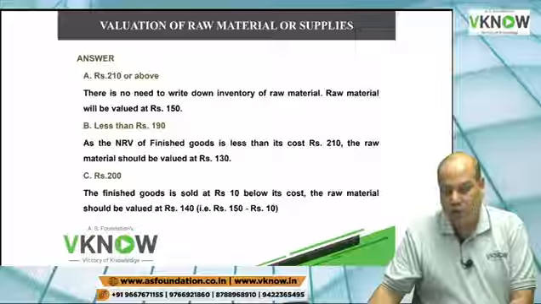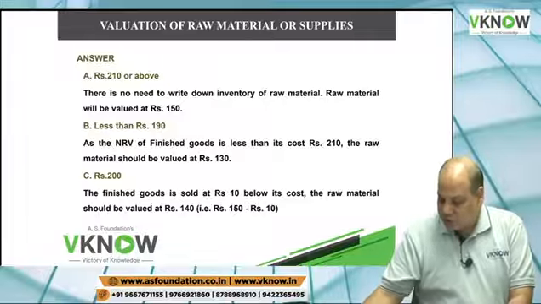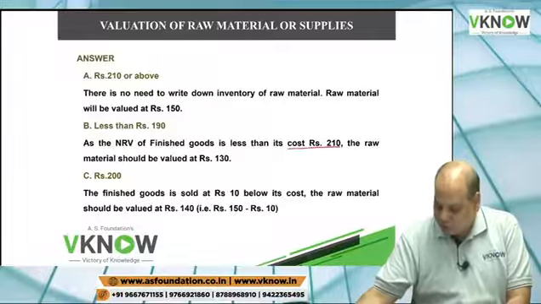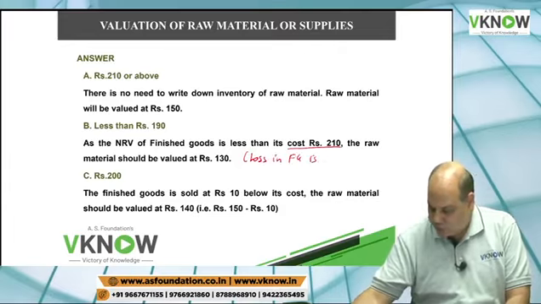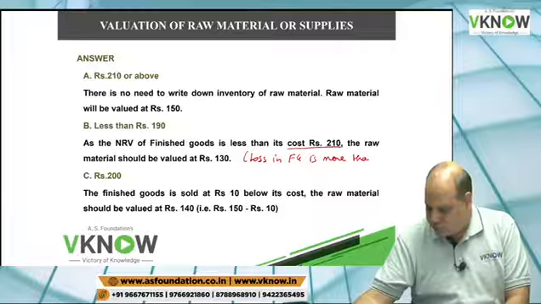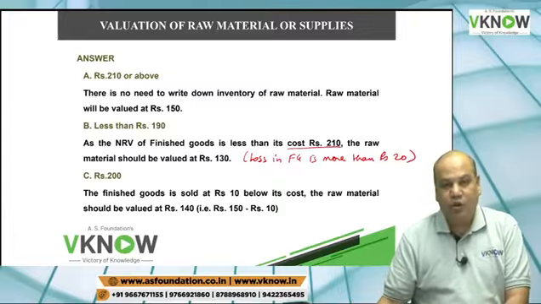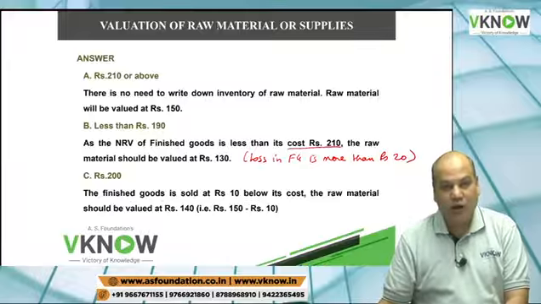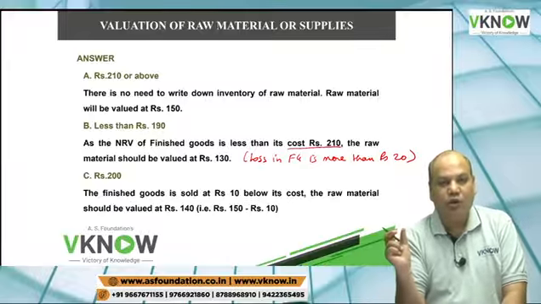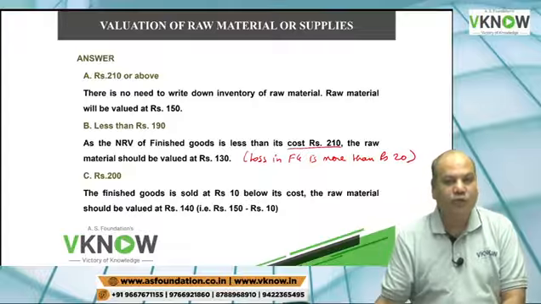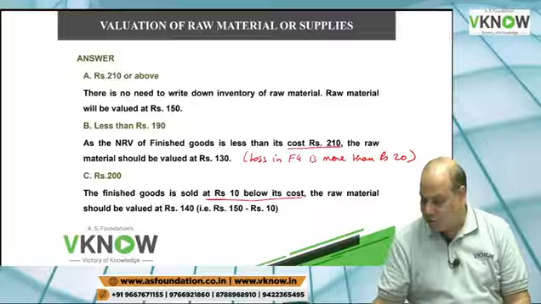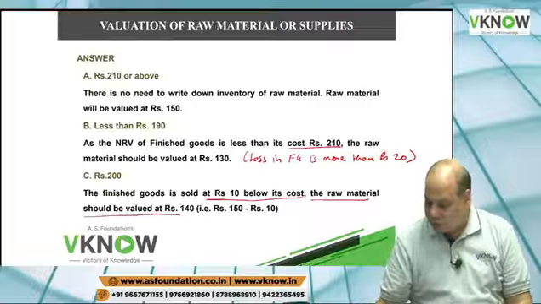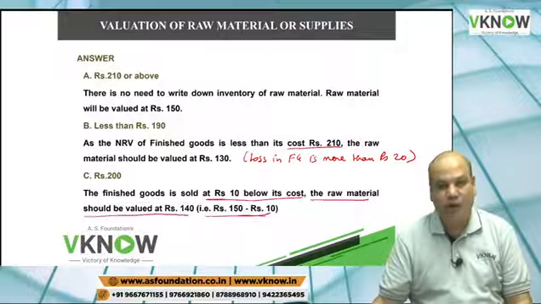Raw material will be valued at 130 because here the loss in FG is more than rupees 20. But if the loss is less than 20, I will only deduct the loss from the cost of raw material. The finished goods is sold rupees 10 below the cost. The raw material will be valued at 140, 150 minus 10.